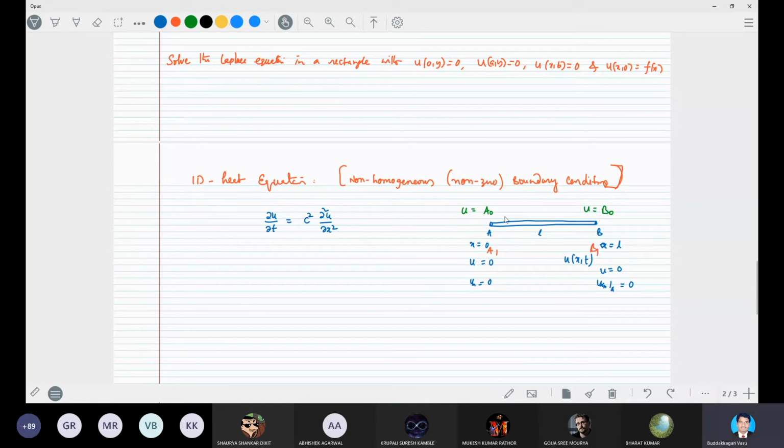So after reaching the steady state condition, we fix the temperatures A1 and B1 simultaneously. Now the temperature distribution will be a function of time and x, whereas earlier, until the steady state condition was reached, the body was independent of time t, right?